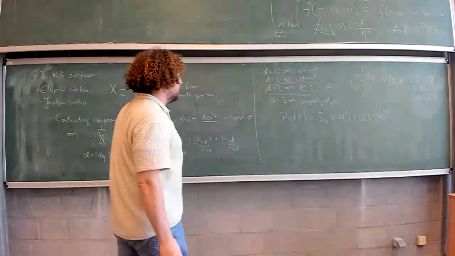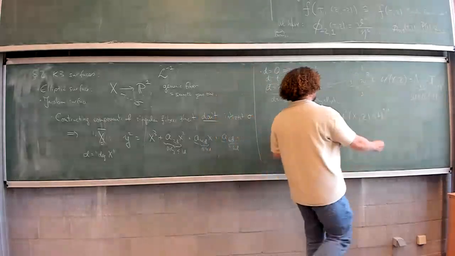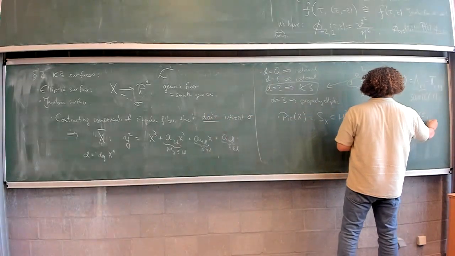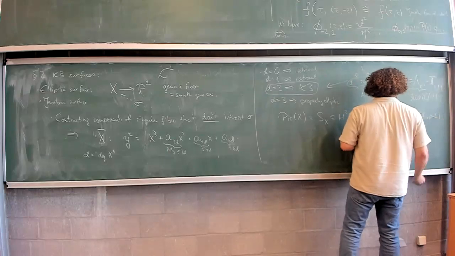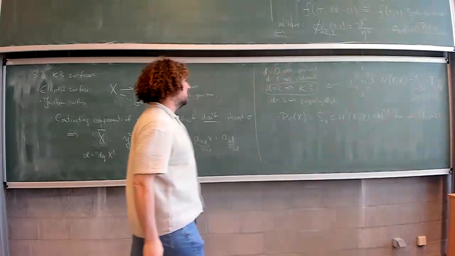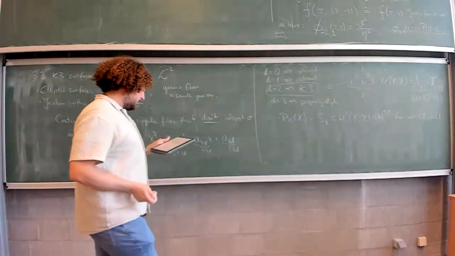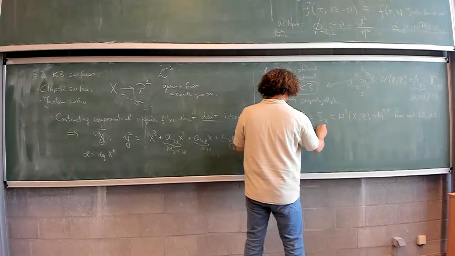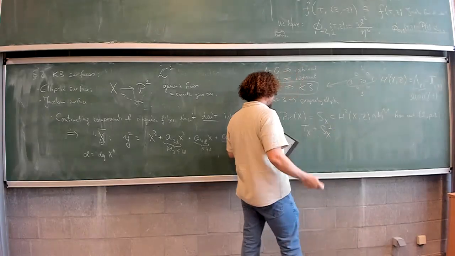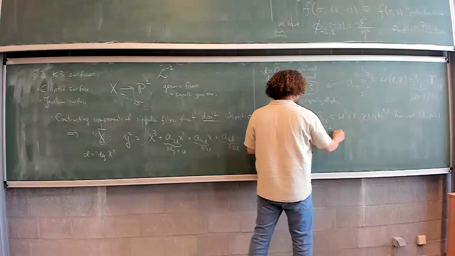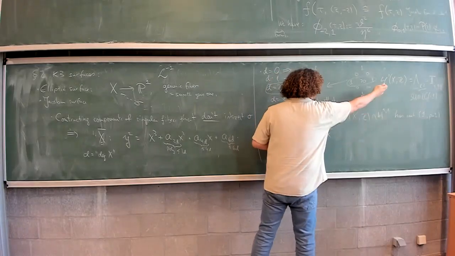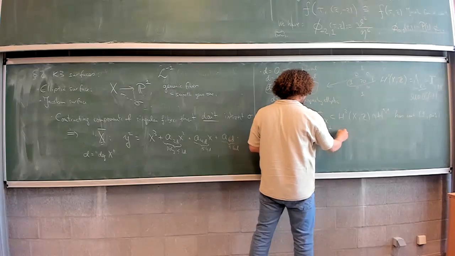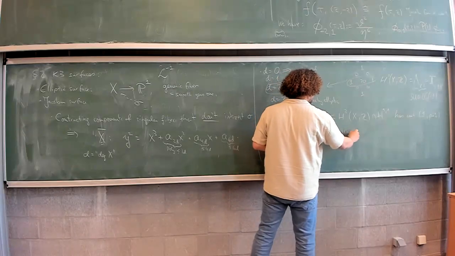And it has signature (1, rho minus 1), where rho is called the Picard number. And T_X, the orthogonal complement within lambda K3, is called the transcendental lattice.